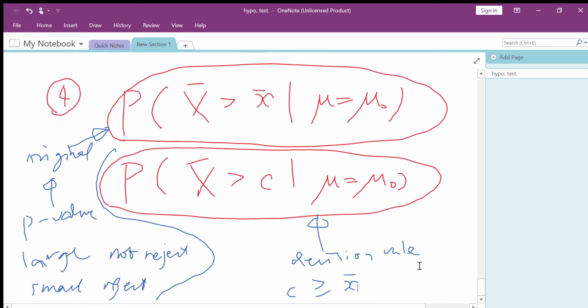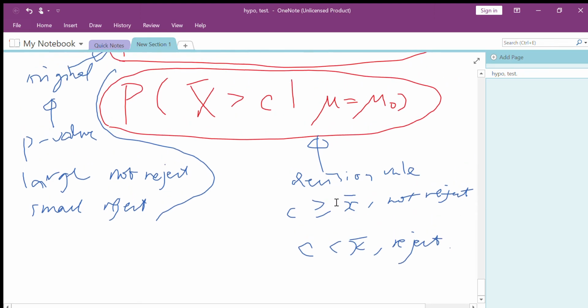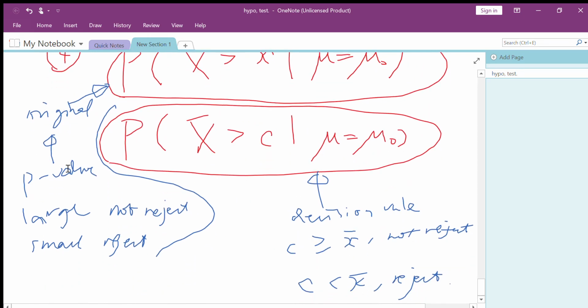Do not reject. For C less than x bar, reject. So let's compare these two approaches. The first approach is the original one, which is the p-value: large, not reject; small, reject. And the decision rule approach, with the help of alpha, is C greater than x bar, not reject.